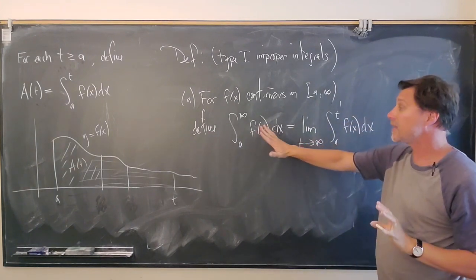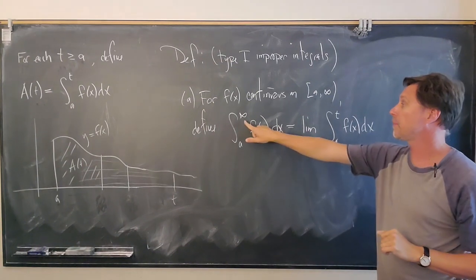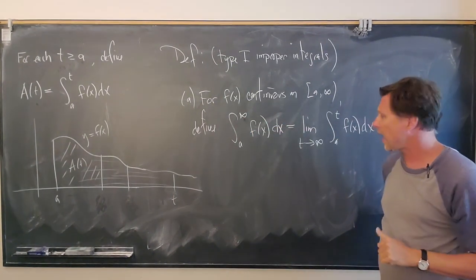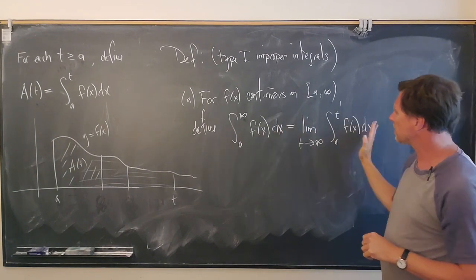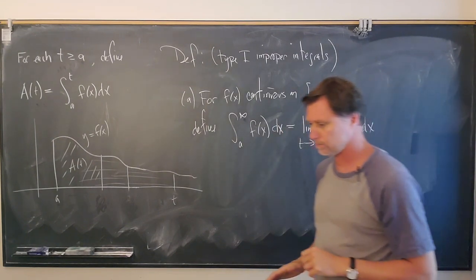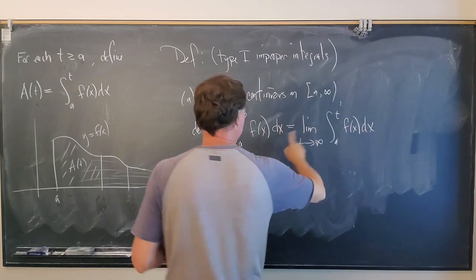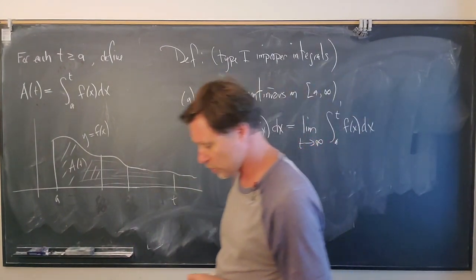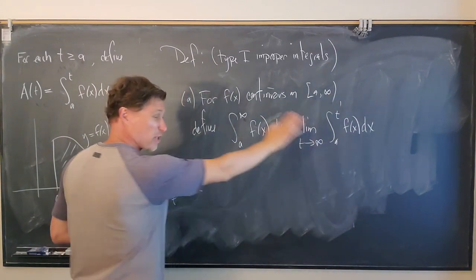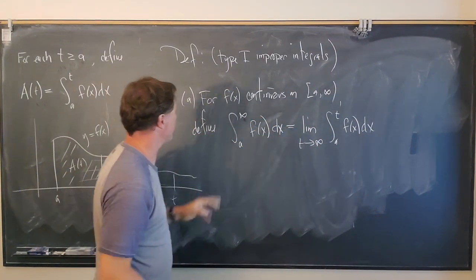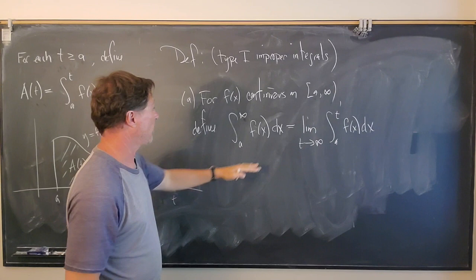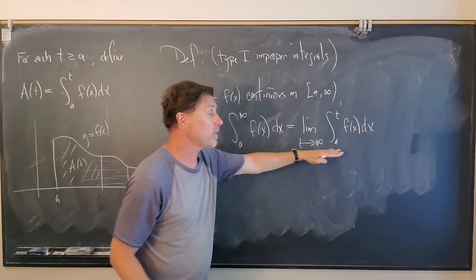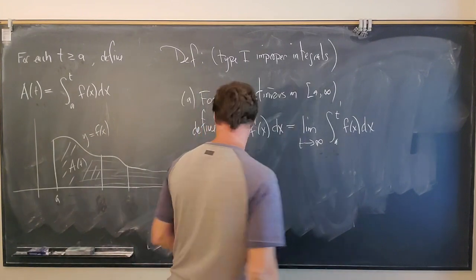So this is called an improper integral, right? Anytime we have a limit of infinity right here, this is called an improper integral. And notice this is a limit now. And so this limit may or may not exist, right? If the limit exists, then we say it's convergent. Otherwise, we say it's divergent. I'll write this down once I finish the entire definition, but here's part A. When you see this symbol right here, the integral from a to infinity, you immediately replace it with this limit.